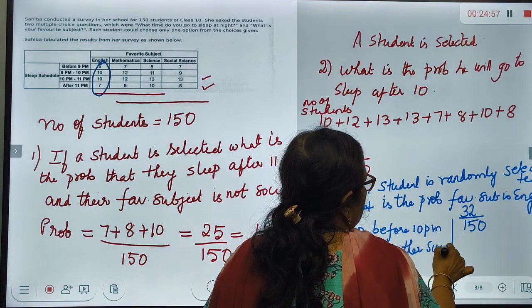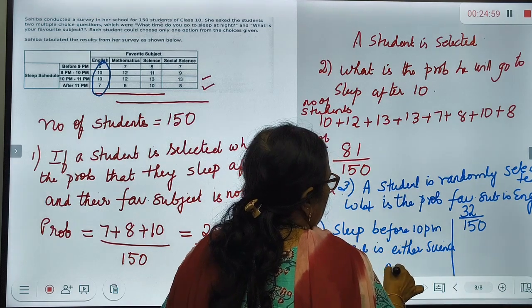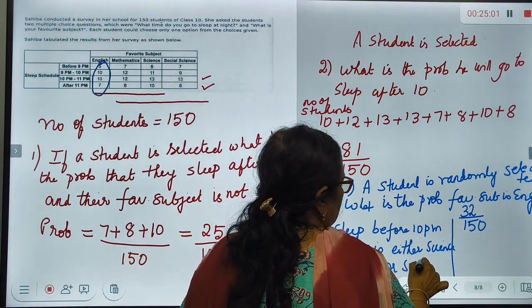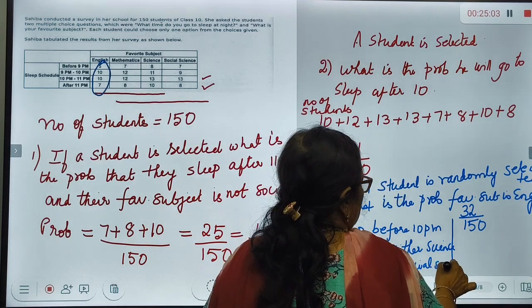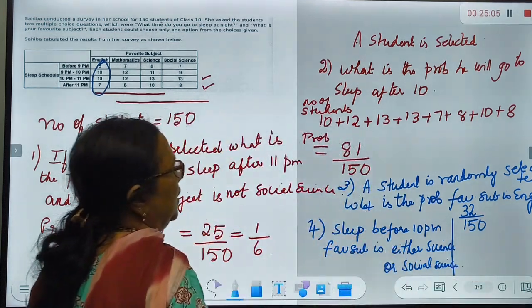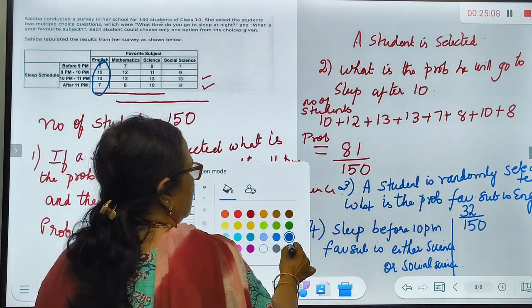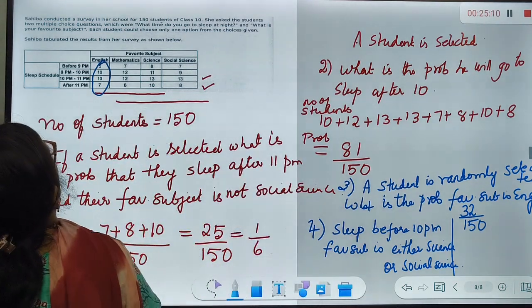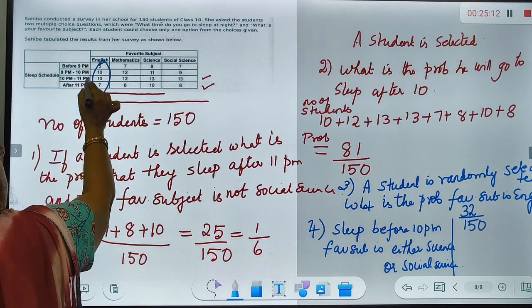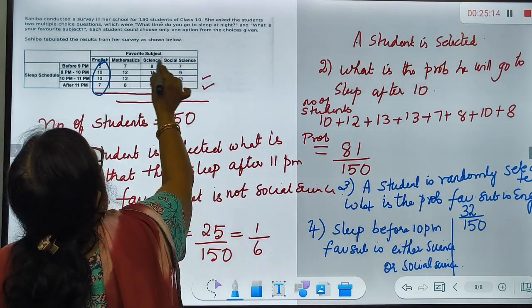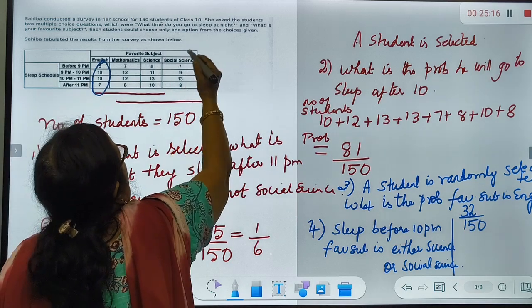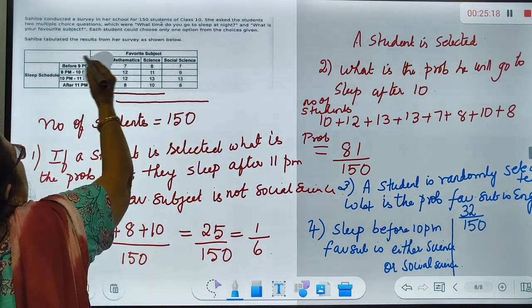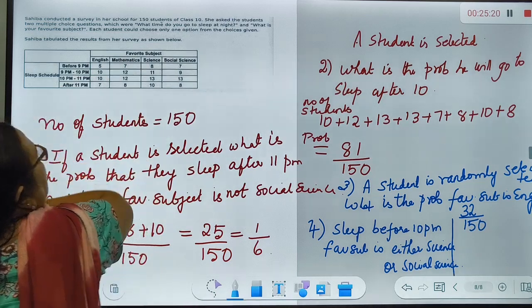Either science or social science. Okay, now if they go before 10 p.m., before 10 p.m. means what? First two rows, right? Before 10 p.m. means what? I'll rub all this so it doesn't confuse you.